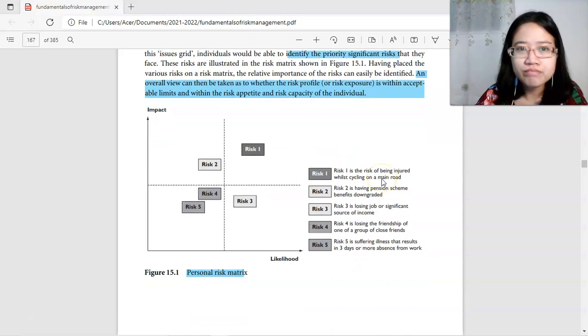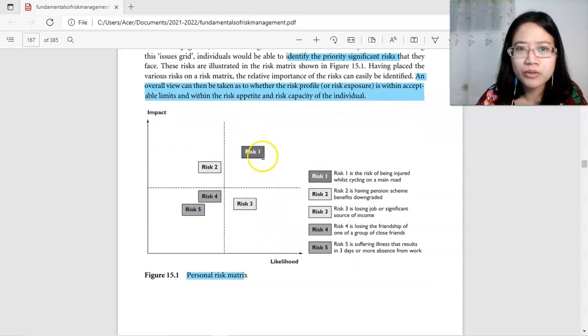Okay? So, an example here: risk number 1, risk of being injured while cycling on a main road. I think this is for a personal risk matrix. Risk number 2, having pension scheme benefits being downgraded, which is fairly serious. Risk number 3, losing job or significant source of income.